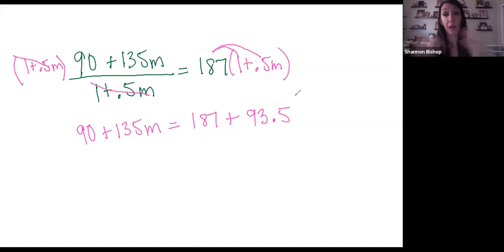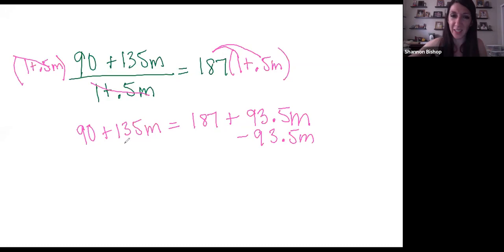Okay, so you've gotten rid of the fraction. That's definitely a huge step in the right direction. And now you just have to decide which way you want to move your variables. So do you want to bring the 93s over to the left, or do you want to bring the 135s over to the right? I personally would like to bring my 93s over just so that I can keep my variable positive. In the end, it doesn't matter.